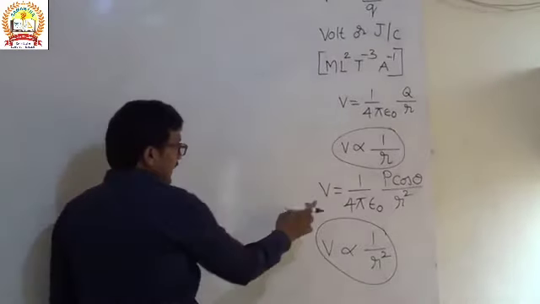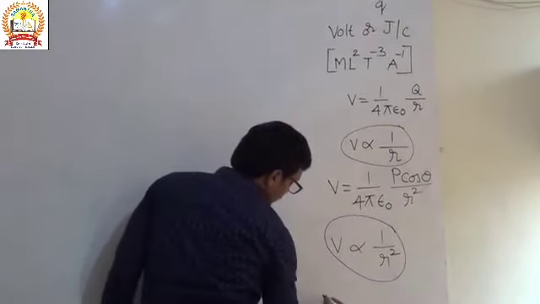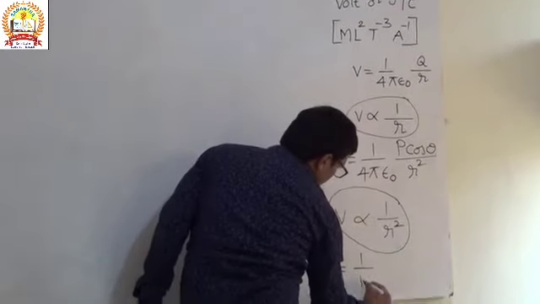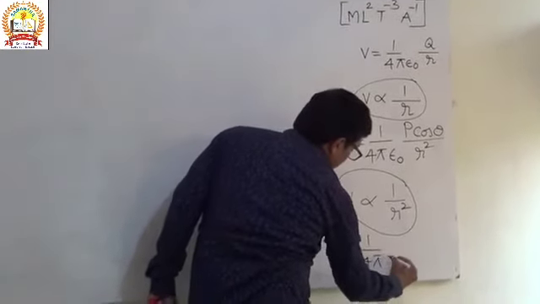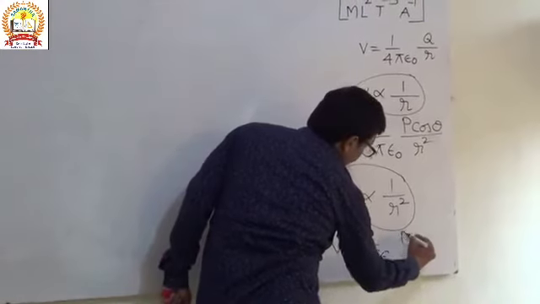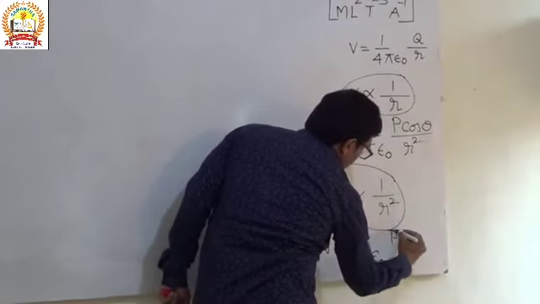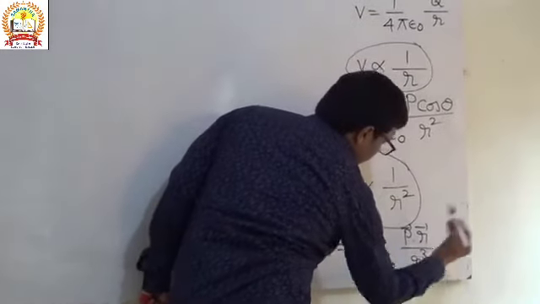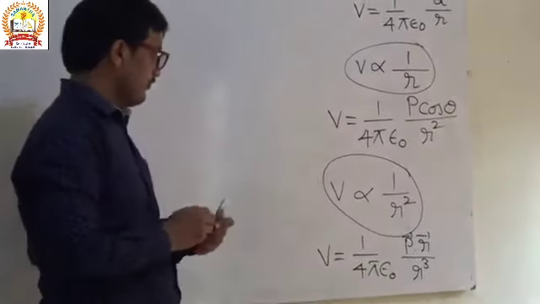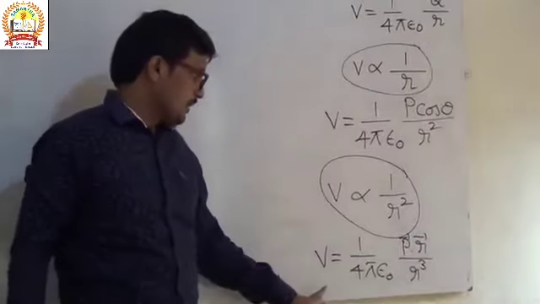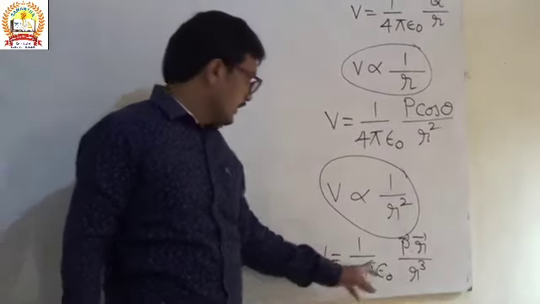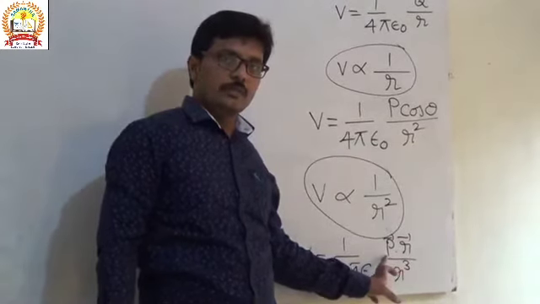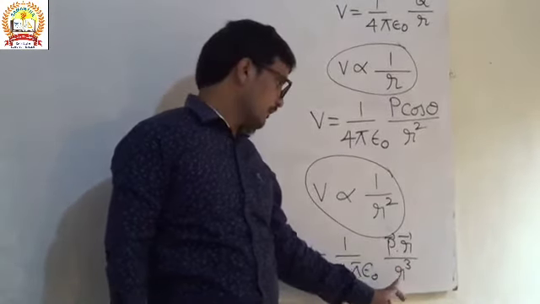If you write the vector form of the potential due to a dipole, V equals 1 by 4 pi epsilon naught P dot R divided by R cube. Here P dot R, we write as P R cos theta divided by R cube.